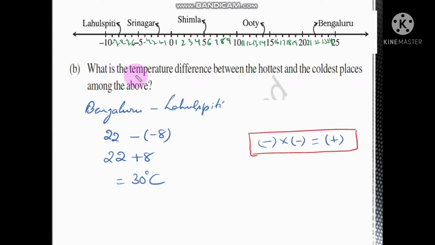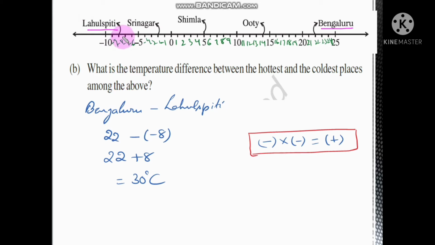Next question. What is the temperature difference between the hottest and the coldest places among the above? So observe the number line, children. Tell me which place is hottest. It is Bengaluru. Yes, Bengaluru has recorded 22 degrees centigrade. So the hottest place is Bengaluru and the coldest place is Lahul Spiti.